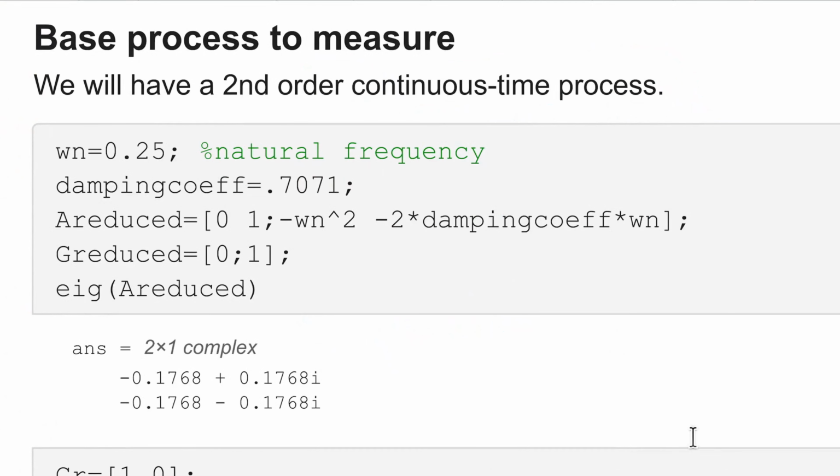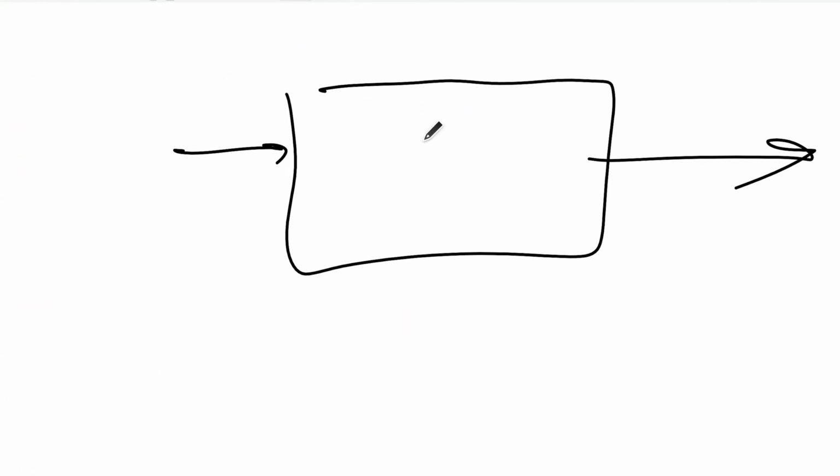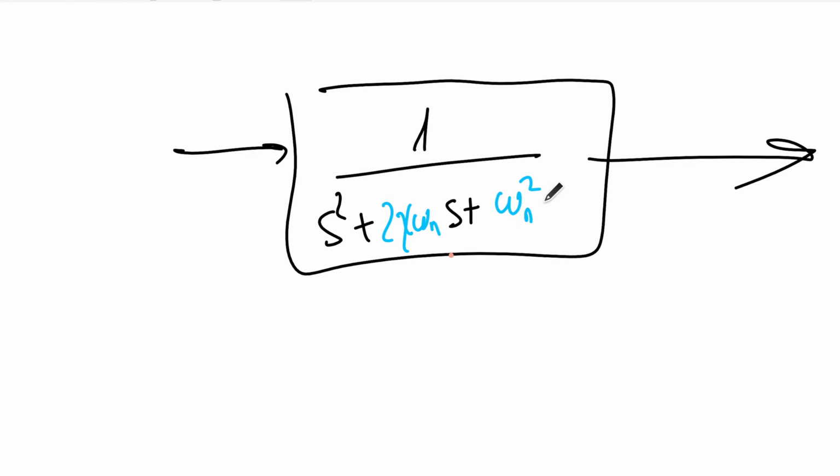And it will be a second order continuous-time one, which in transfer function form will be a standard second order with complex poles like this.